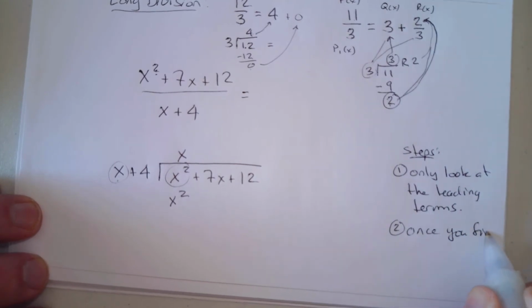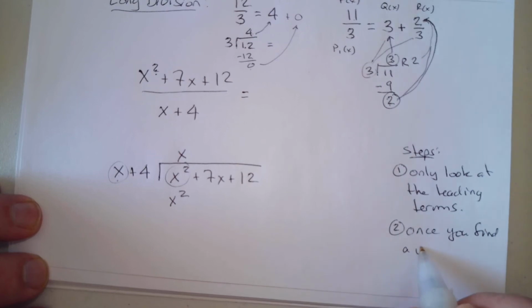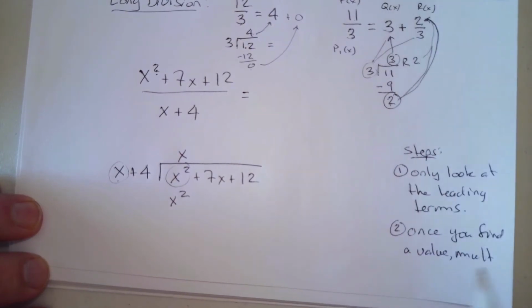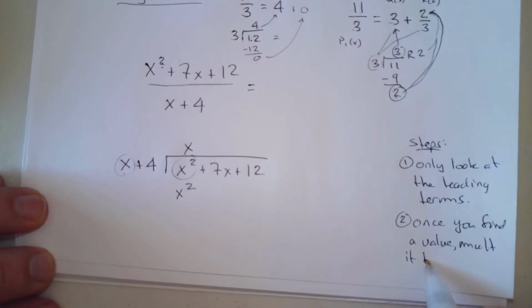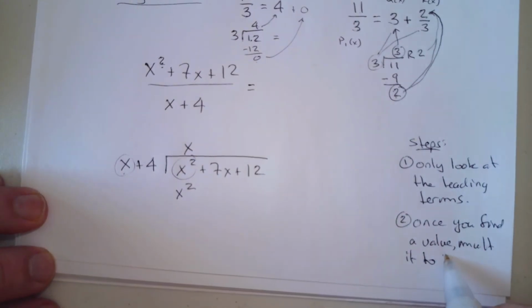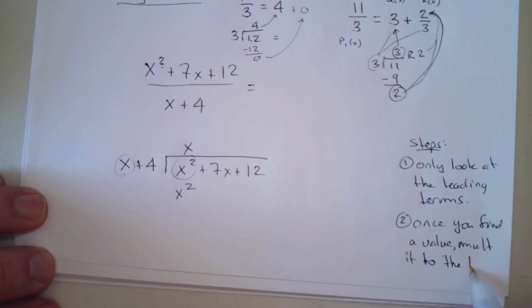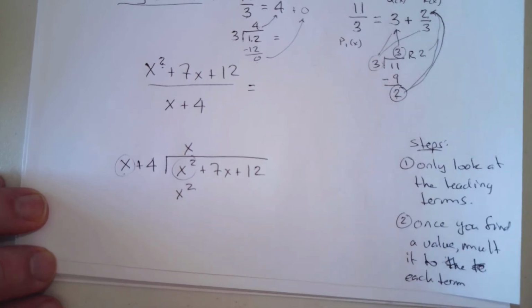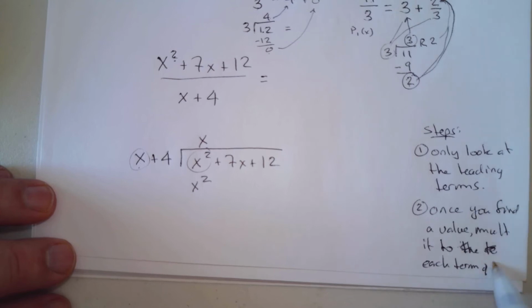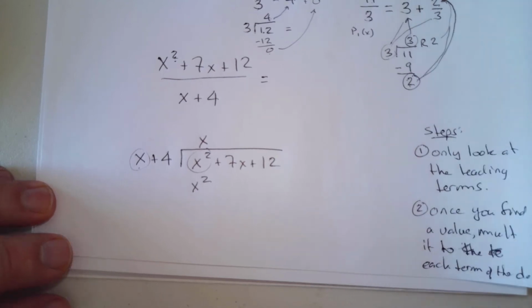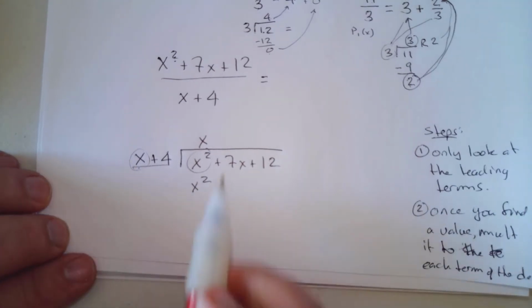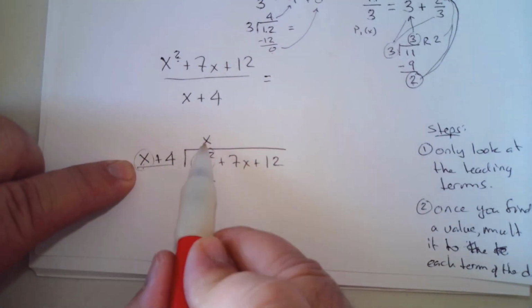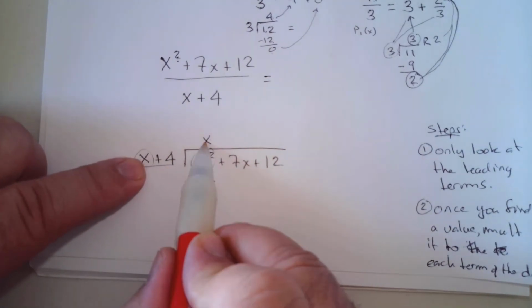Once you find a value, multiply it to each term of the denominator. So that's the denominator. I found the term. So x goes into x squared. X times x is x squared.